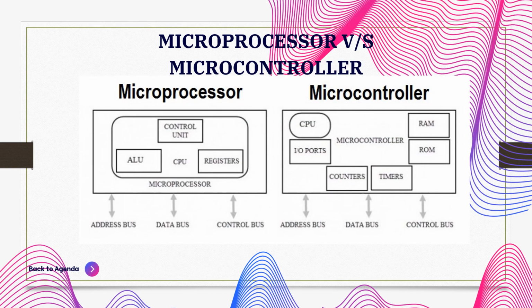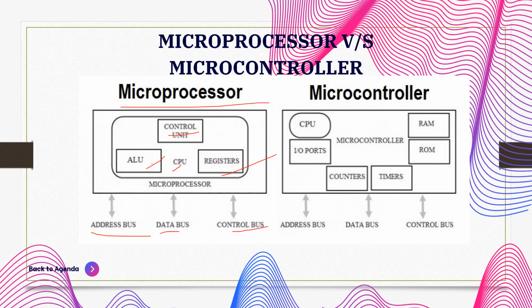Now moving forward to microprocessor and microcontroller. A microprocessor includes a control unit, an arithmetic and logic unit, a CPU, and registers, which are connected with the address bus, data bus, and control bus.